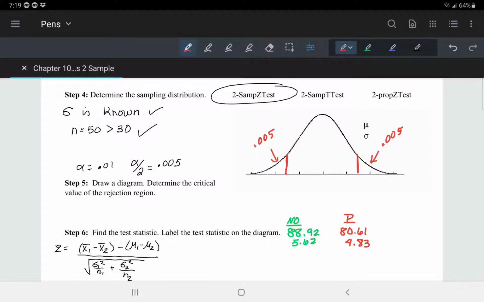Now we just need to find these critical values. To do that, we'll use the inverse norm function on our calculator. We'll find the inverse norm for 0.005, and when you put this in, you'll get negative 2.58. That corresponds to here, and then by symmetry, the right-hand side will be 2.58.